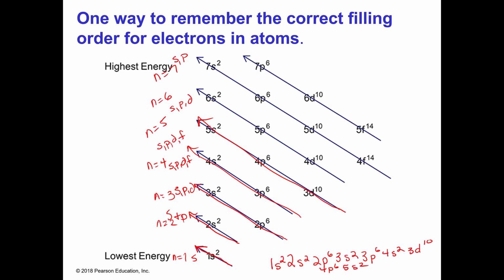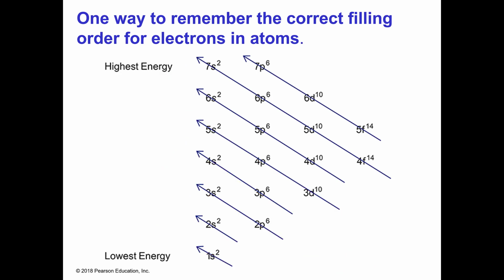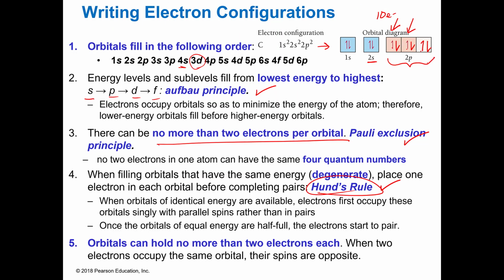You've got the arrow way of doing it, or you've got the memorizing way of doing it. Okay, and so again, it's all about the patterns. We probably won't go much past the 6p.